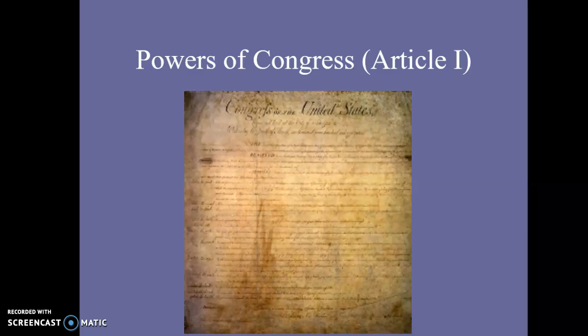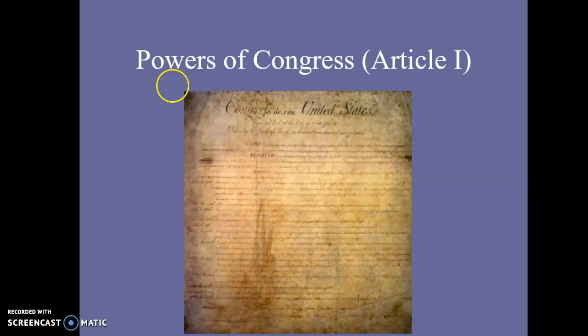The House of Representatives has 435 members, and the distribution of seats in the House is based on population. The distribution of seats in the Senate is based on an equal share, meaning each state gets 2 senators in Congress.